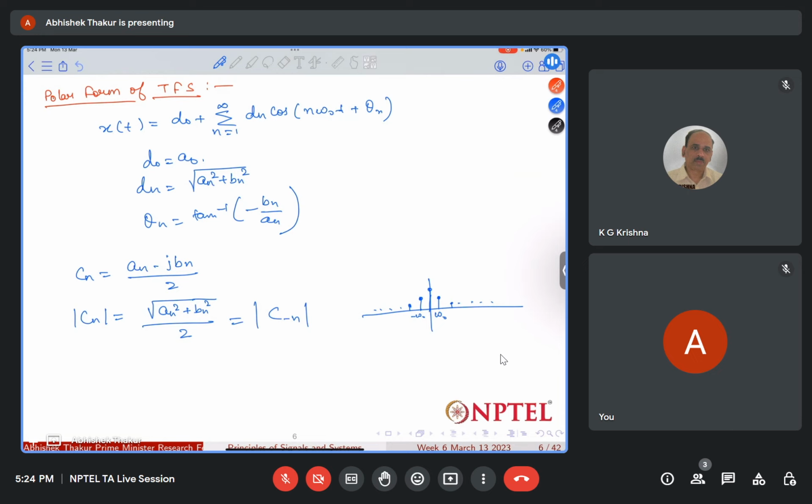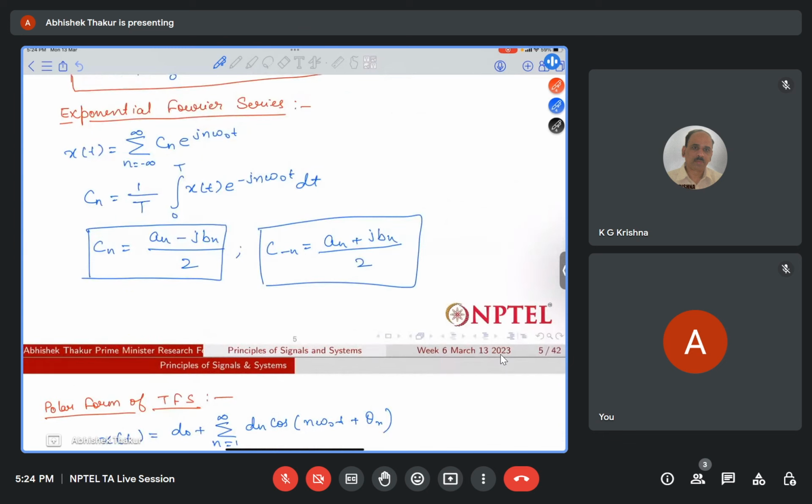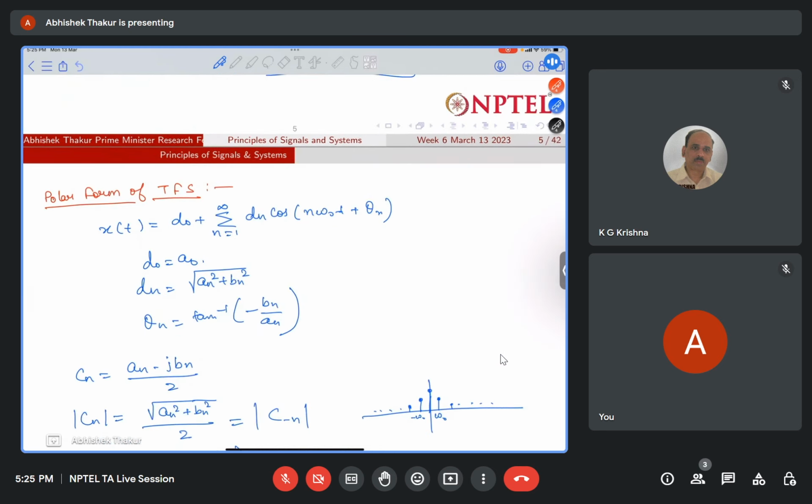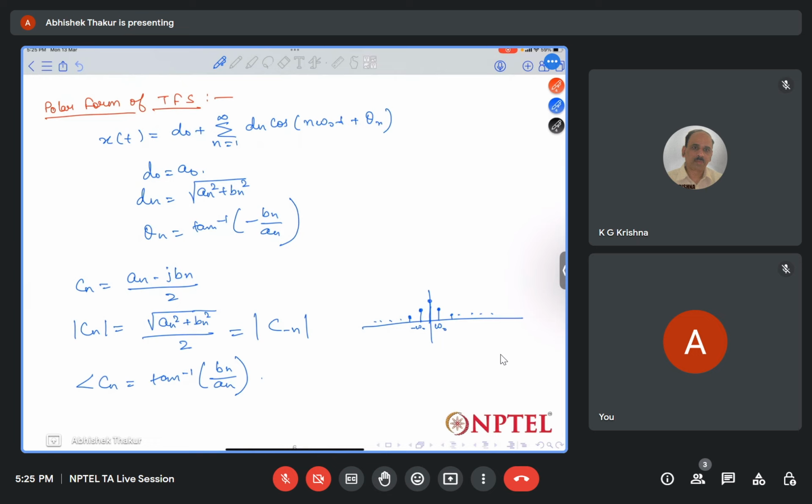And if we see the phase, the angle of Cn is tan inverse of minus Bn by An, and the angle of C of minus n is tan inverse of Bn by An.